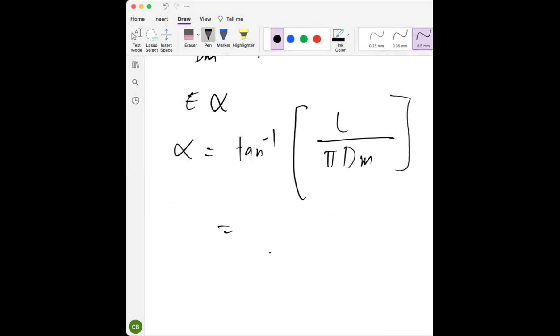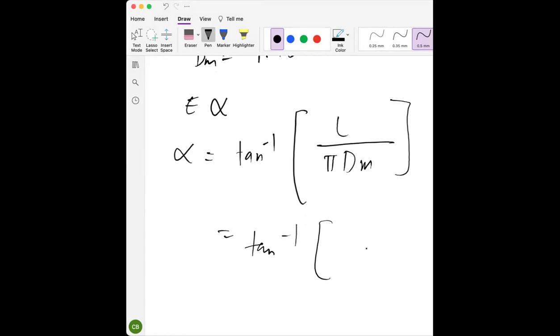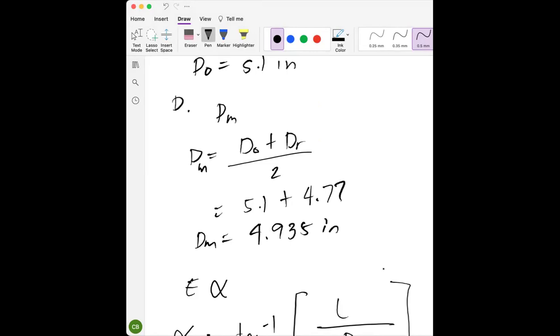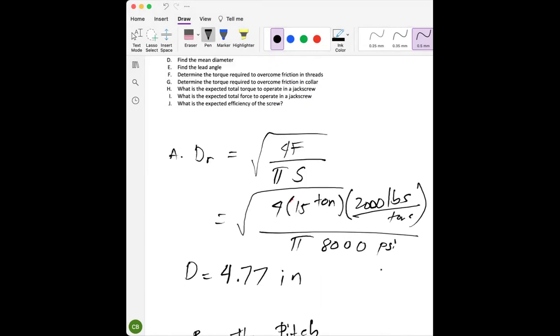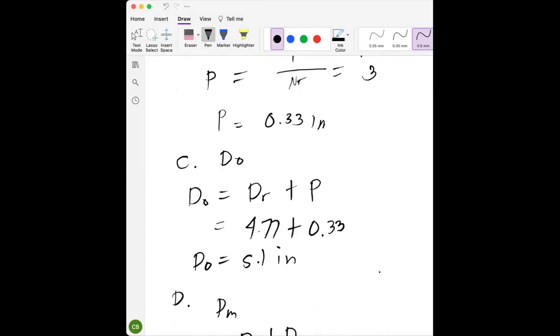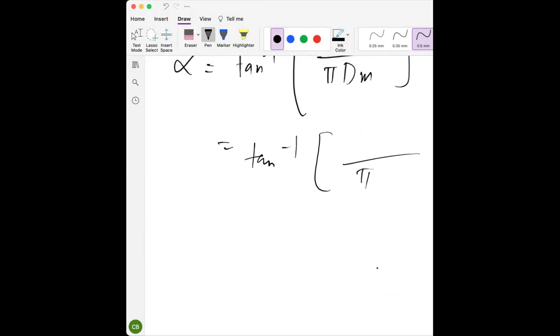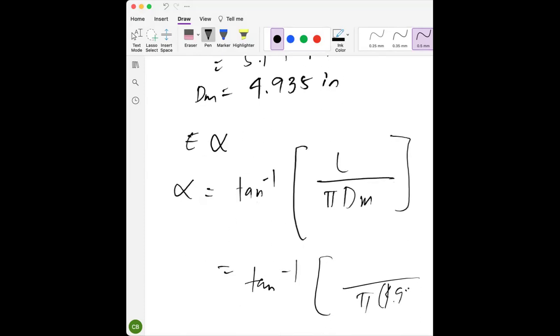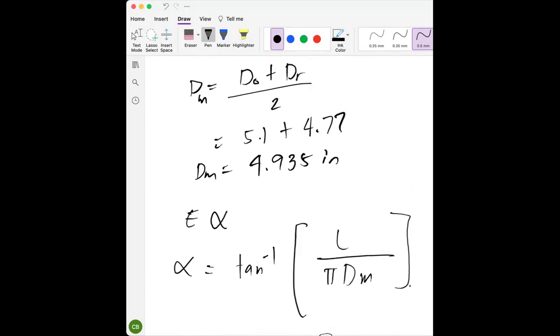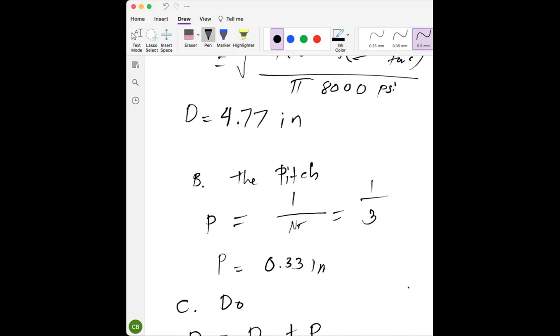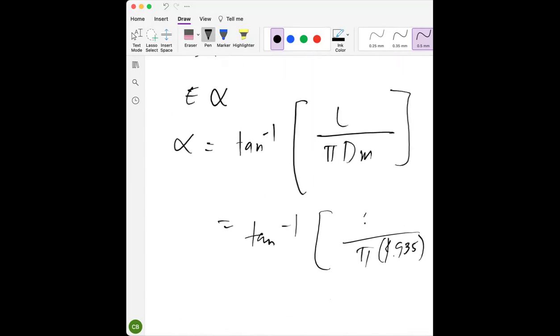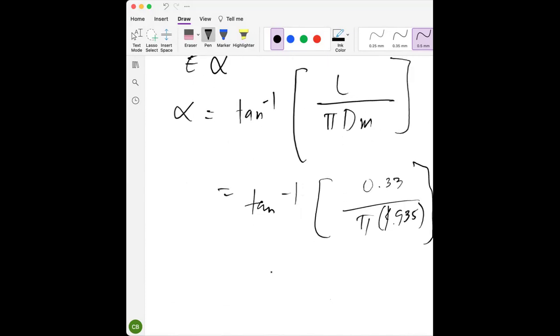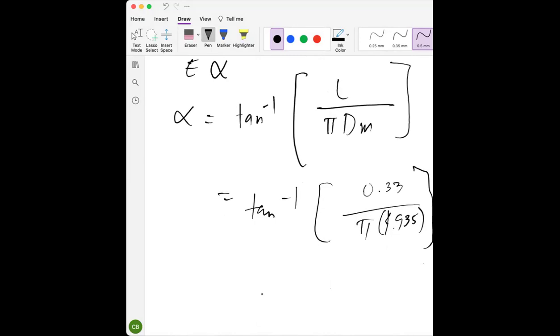So you have tan inverse of L over pi times dm, and dm is 4.93. Then you calculate the lead angle.